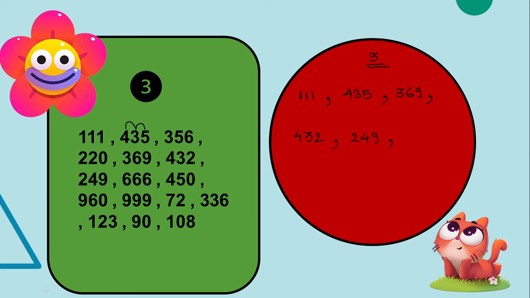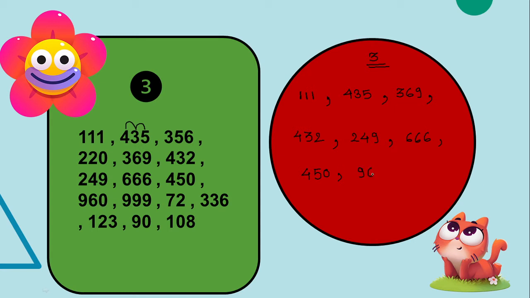Then 666. If we add 6 three times, we will get 18, and 18 comes in the table of 3. So the next flower is 666. 4 plus 5 is 9 and 9 comes in the table of 3. So the next flower which enters the basket is 450. Then 960. 9 plus 6 is 15. 15 plus 0 is again 15.